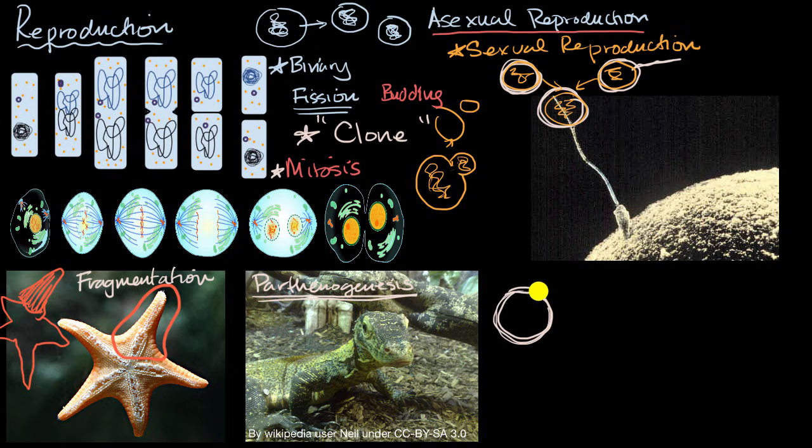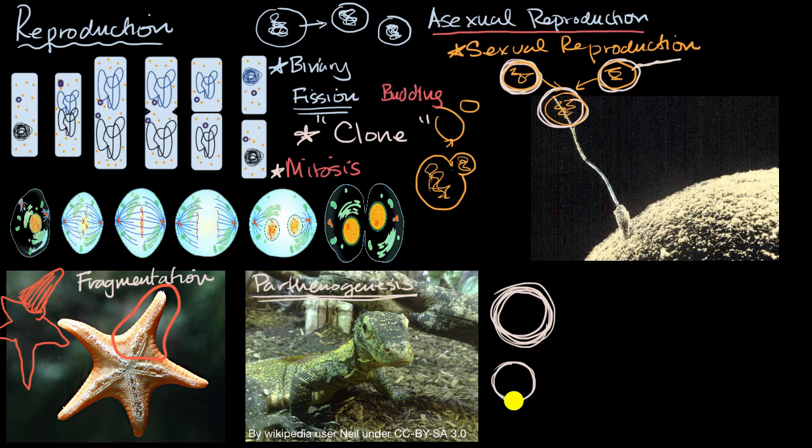Now, you might ask, well, how can this be? Well, sometimes these eggs don't have half the genetic material like we're used to with the eggs from sexual reproduction. For parthenogenesis, many times this egg has a complete set of genetic information, and then it can just go and start doing mitosis and turn into an organism. Or there's even situations where the egg does have half the genetic information.